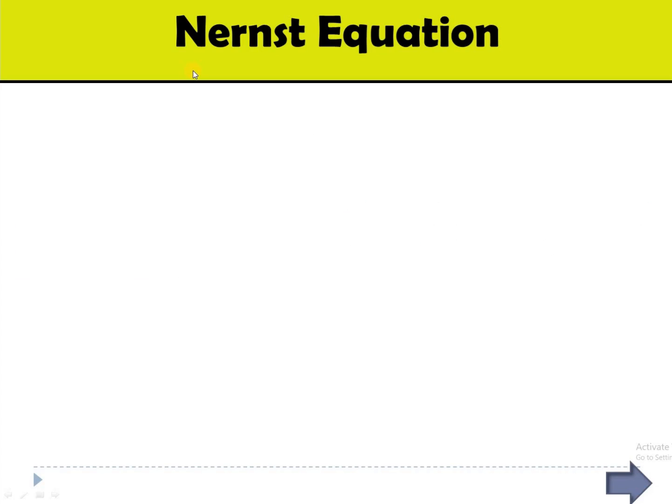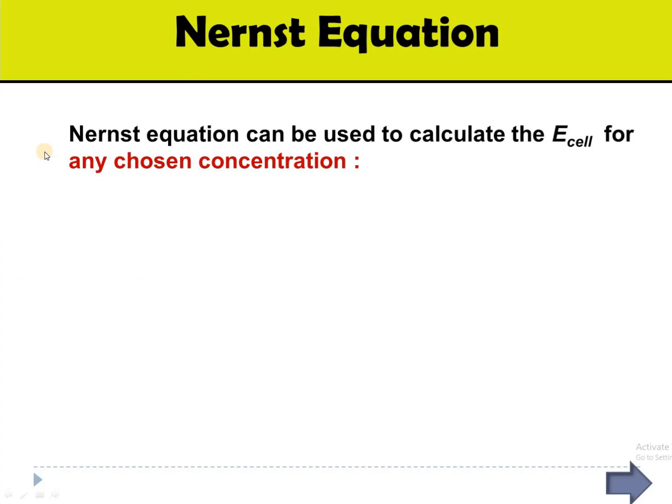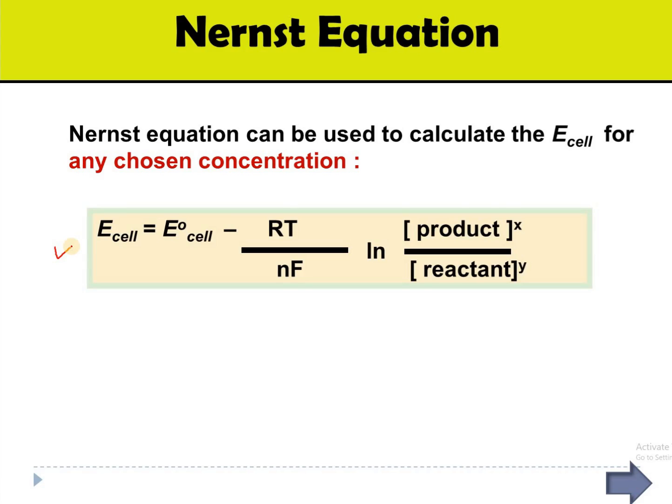So, what is the Nernst equation? The Nernst equation can be used to calculate the E cell for any chosen concentration. This is the general formula for the Nernst equation. E cell stands for the cell potential, E naught cell stands for the standard cell potential, R is the constant, T is temperature, n is the number of electrons, F is Faraday, ln of the concentration of product to the power of its coefficient, divided by the concentration of reactant to the power of its coefficient.